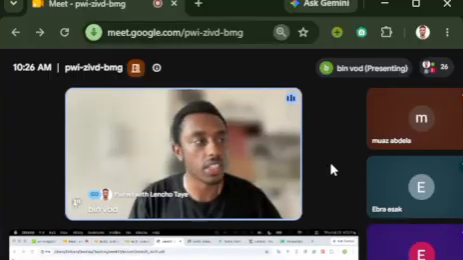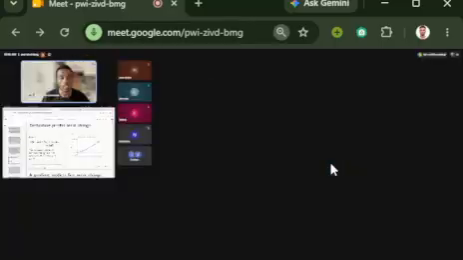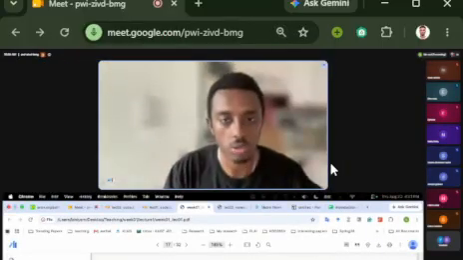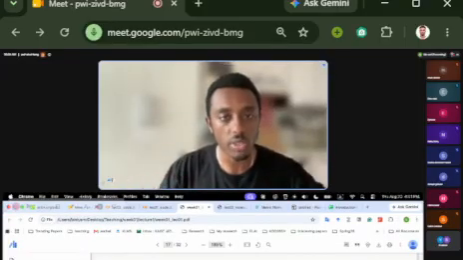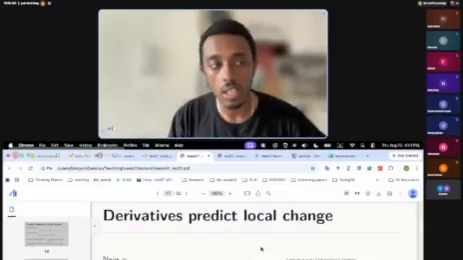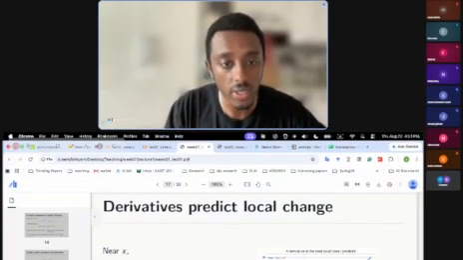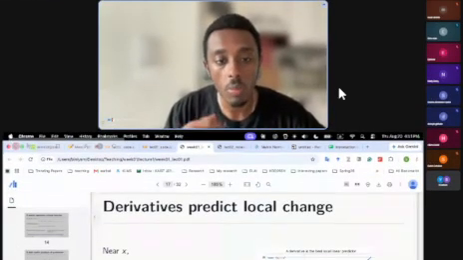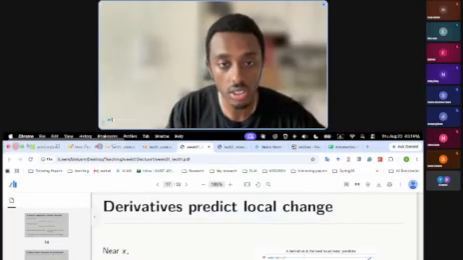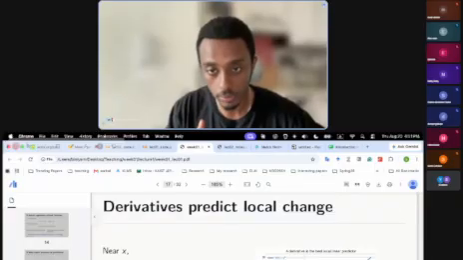So let's define it in a different way. In one dimension it's easy to say just the slope, but a better way to understand this is: the derivative predicts how much the function changes with respect to the input.